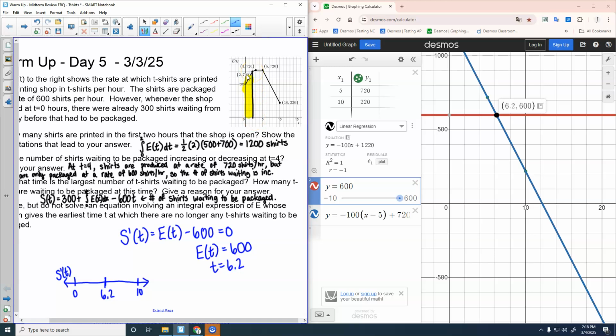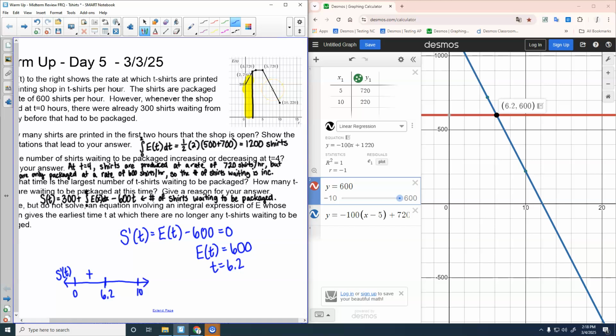At 2, my E of t would be 700. 700 minus 600 would give me a positive value right there. And then past 6.2, I could pick any number I want. Let's say right here at 8 or something.